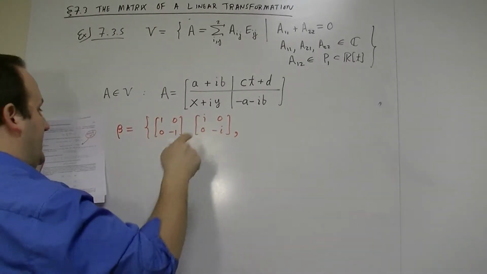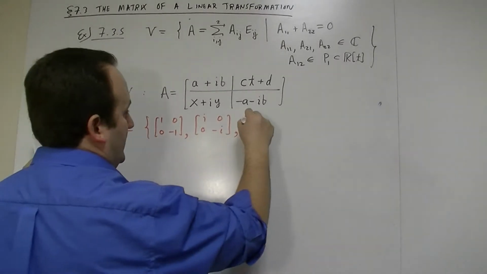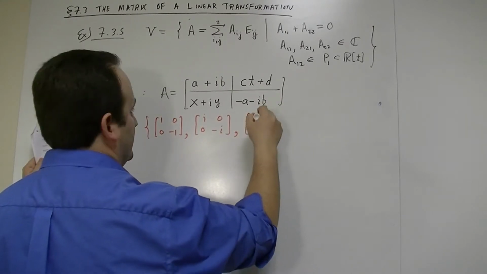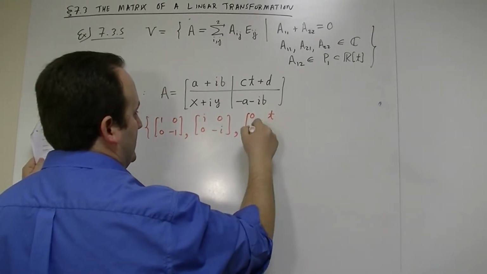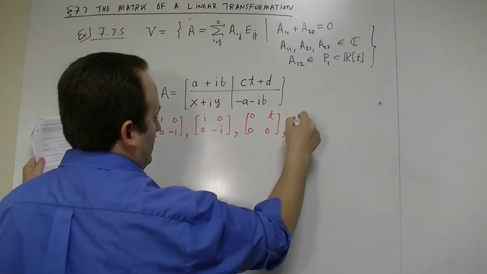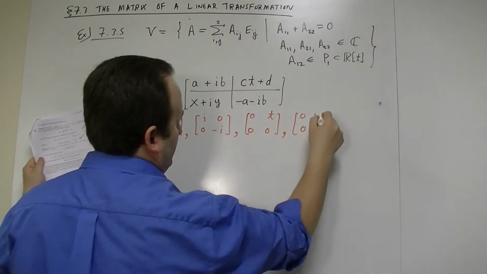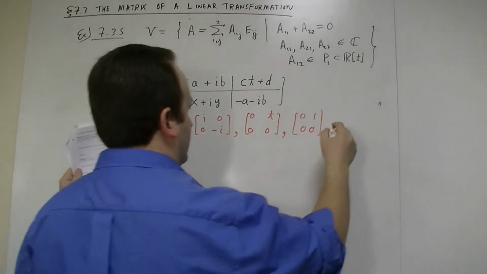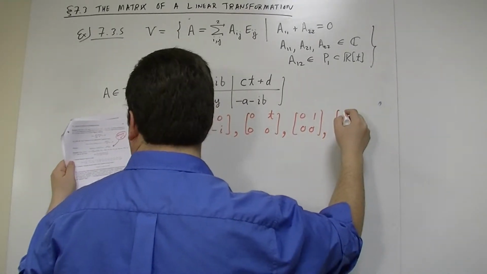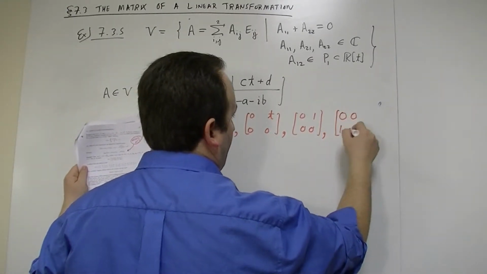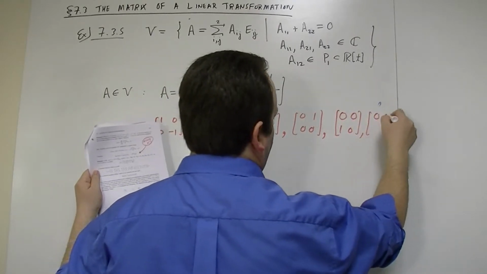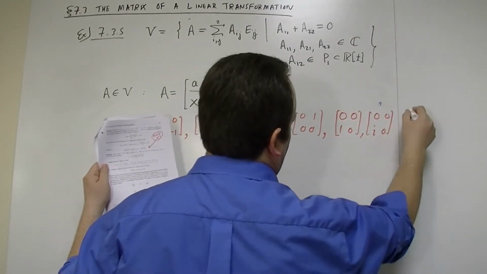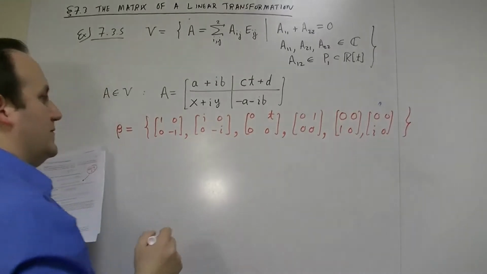That takes care of the diagonals. Then I would pick up the polynomials next: 0, t, 0, 0, and 0, 1, 0, 0, that picks up the 1,2 component. And finally I take care of the lower 2,1 component: 0, 0, 1, 0, and 0, 0, i, 0. There's a basis, right?